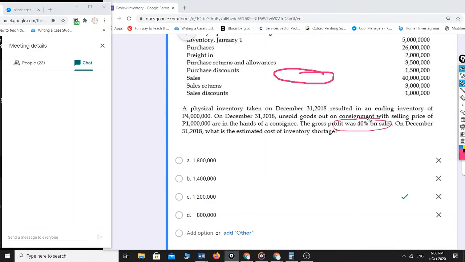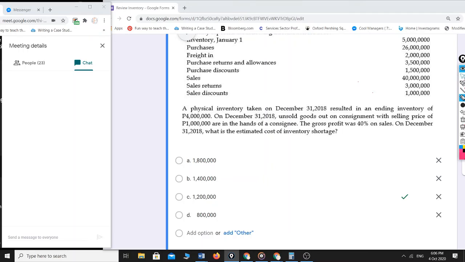So, the difference is, earlier we multiplied, right? Net sales times gross profit rate, that is 1 minus 40%. Okay? That is what we do to get the cost ratio. When based on cost, instead of multiplying, we divide. That is their difference. So, same process as to computation.